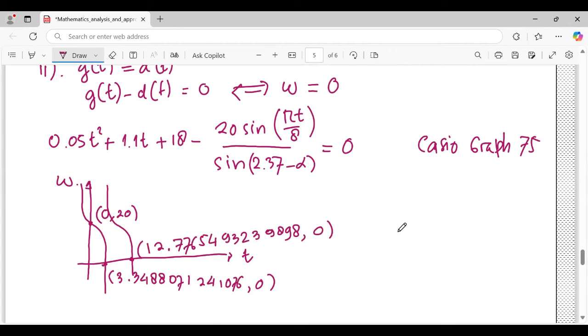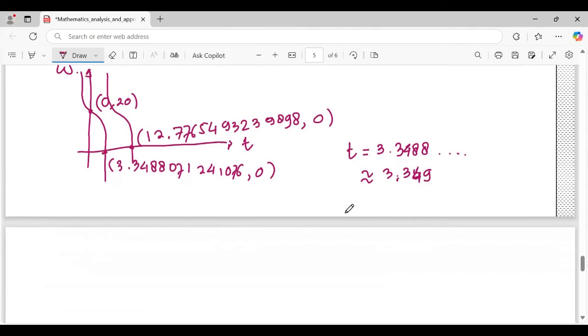So it means t equals 3.3488 and so on, rounded to 3.35, to 4 significant figures, and as well t equals 12.7765, rounded to 12.78, 4 significant figures.